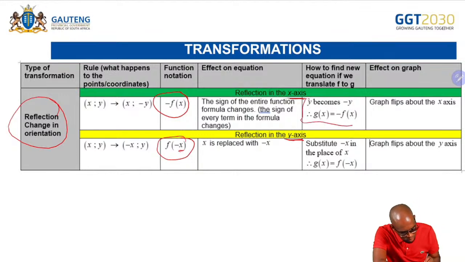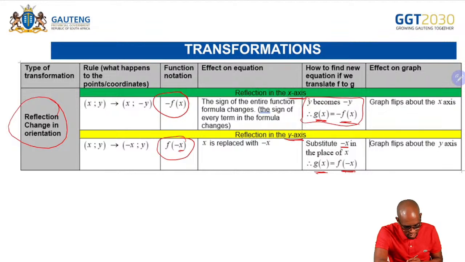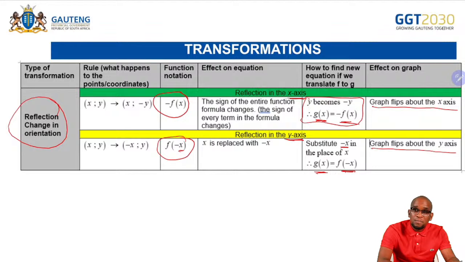So I explained it here. y becomes negative y, g of x becomes negative f of x. What happens if it's reflected in the y-axis? x becomes negative, so g of x is replaced by f of negative x. The graph flips about the y-axis, the graph flips about the x-axis, right? Those are the transformations that we are going to cover for now.